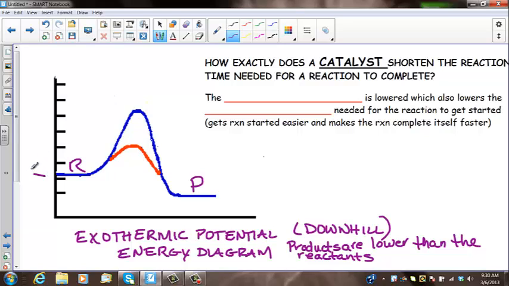This side of your graph is usually energy or potential energy. And that's usually measured in kilojoules. And this down here is time. It can be measured in seconds, minutes, depending on what you want to measure it in. This is the activated complex that we spoke about.